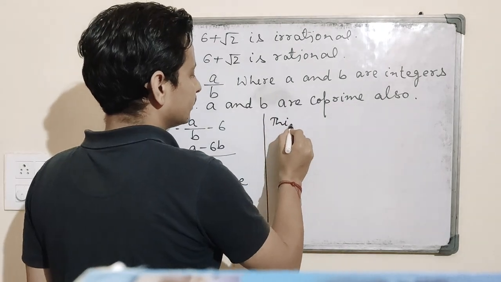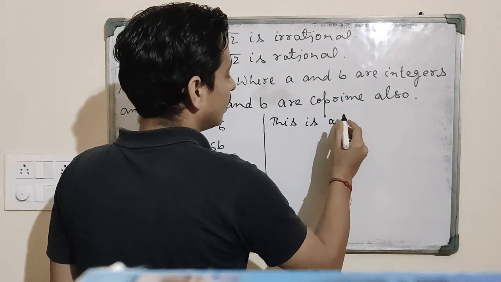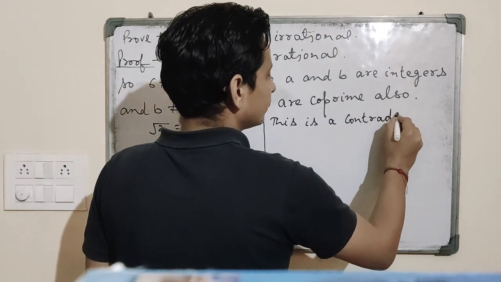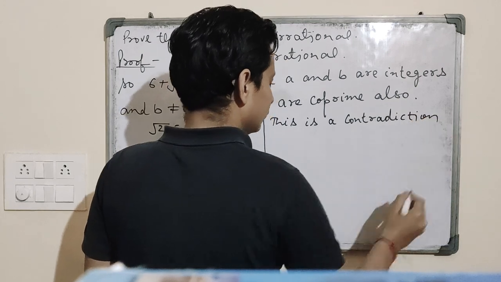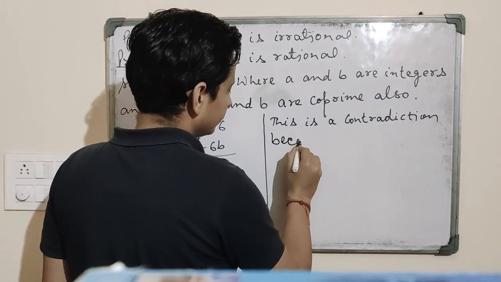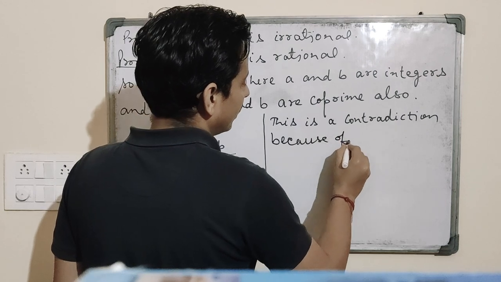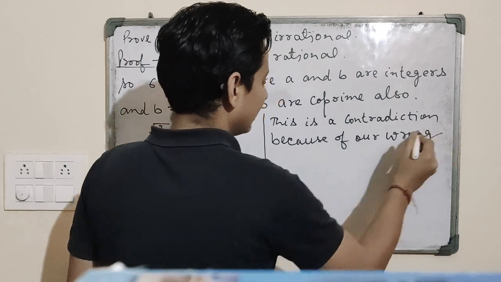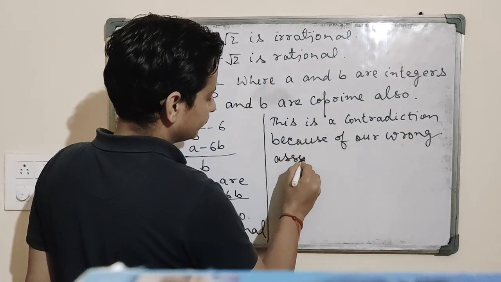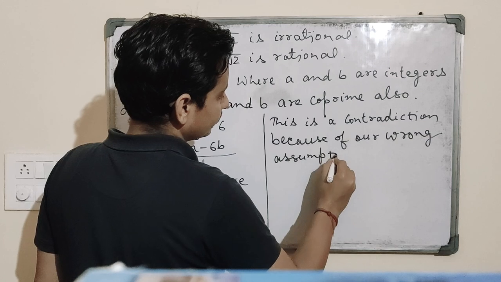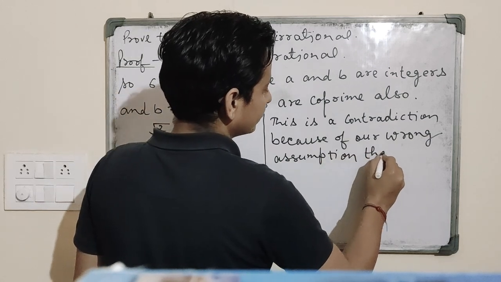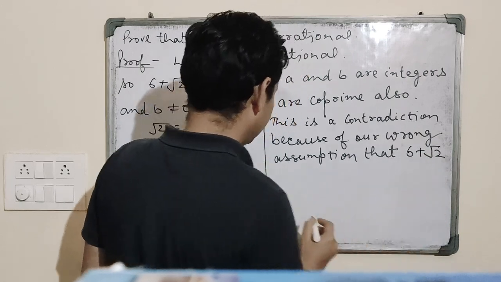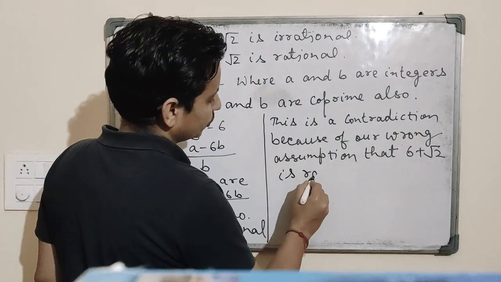This is a contradiction because of our wrong assumption that 6 plus under root 2 is rational.